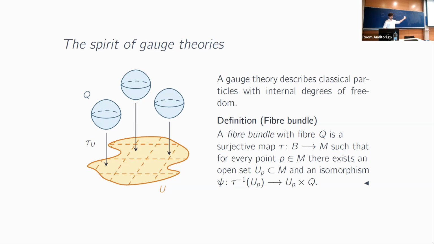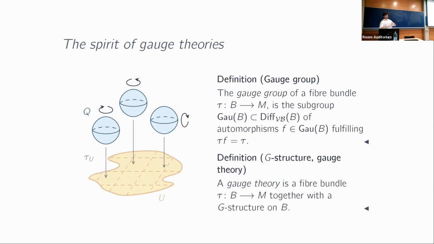So we start with a very easy definition of fiber bundle, but from the eyes of a physicist, this is like an extended configuration space. And now we can consider equivalences, which are represented by the gauge group. The gauge group is a subgroup of the group of diffeomorphisms of the bundle.